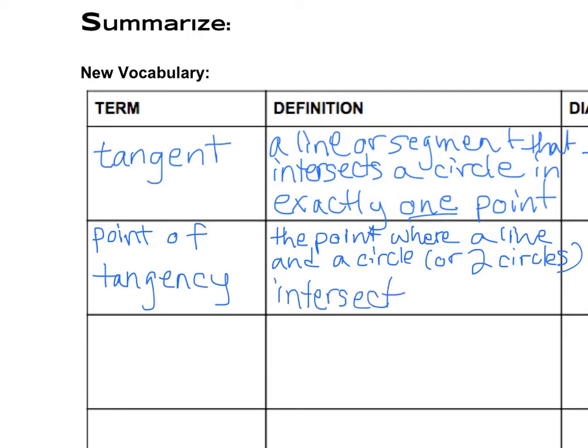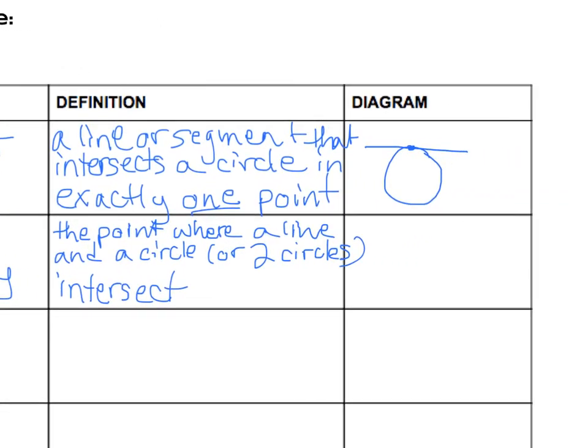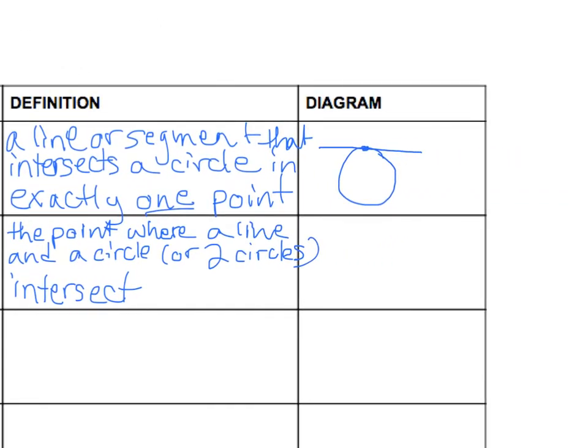And we'll show you some examples of that. Of course, on this diagram, we'd be looking just for this one point right there to be the point of tangency. But if we had another example, we could also put where two circles were touching at just one point, and we could say that that would be a point of tangency in the middle. Sorry, that's a bad diagram, but you get the idea.